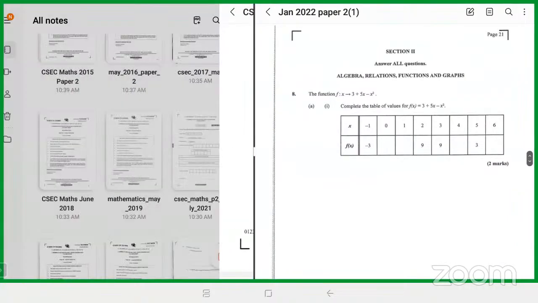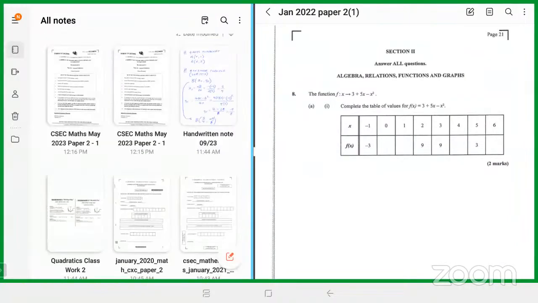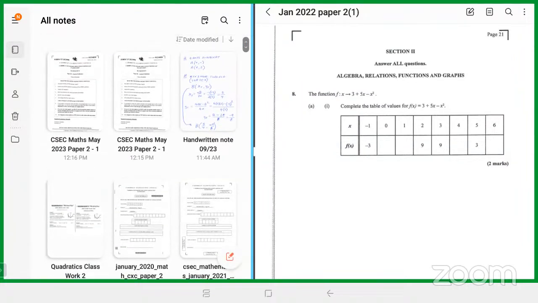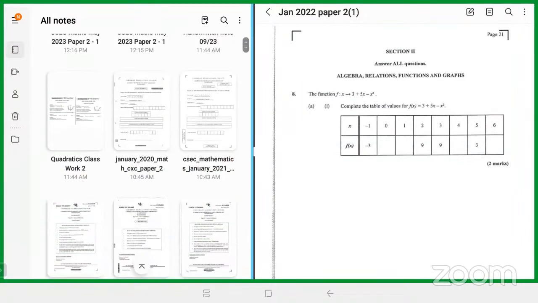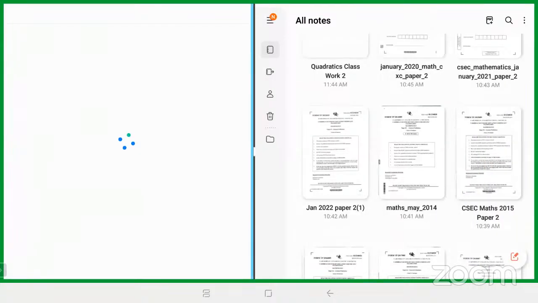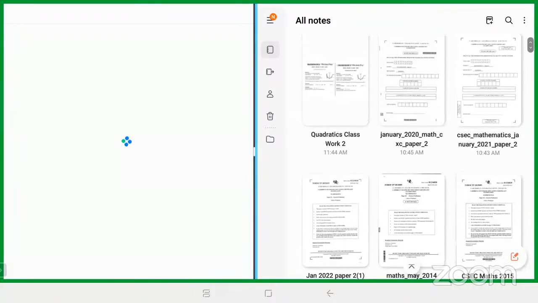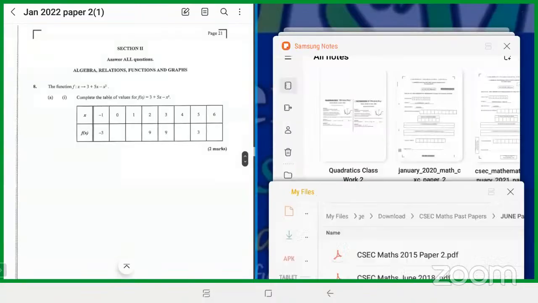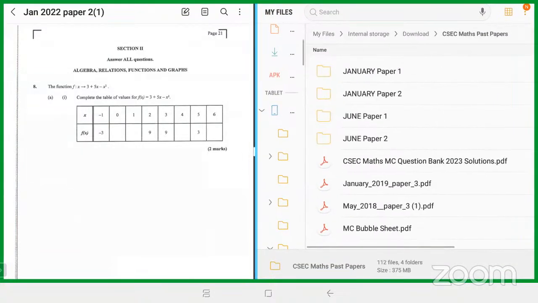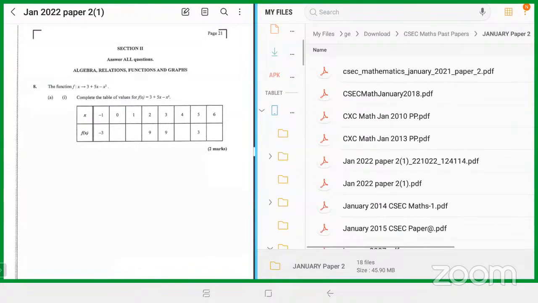Let's put over here, January 2022. And let me get another one, because we need a graph. January 2022. Right here.